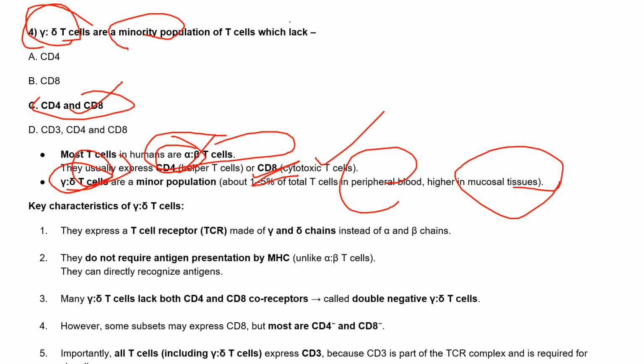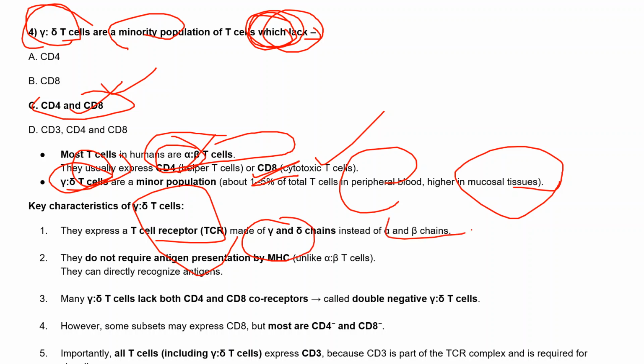So what are these? Maybe you missed this: here they mention which lack. So they lack both CD4 and CD8. These gamma delta T cells express T cell receptors made of gamma and delta chains instead of alpha and beta.